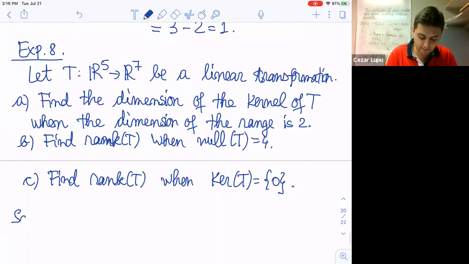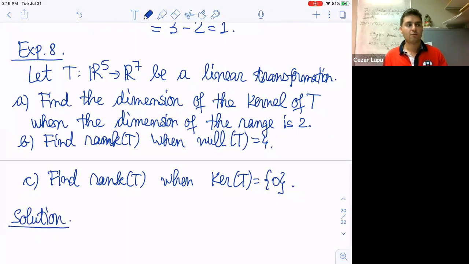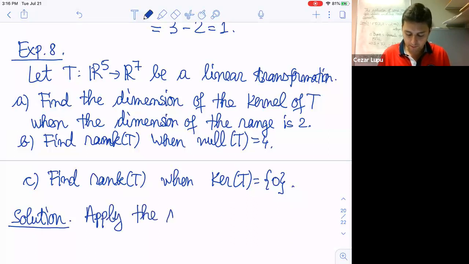Okay, so this is a very easy exercise. It's just a straightforward application of the rank-nullity theorem. So apply the rank-nullity theorem.